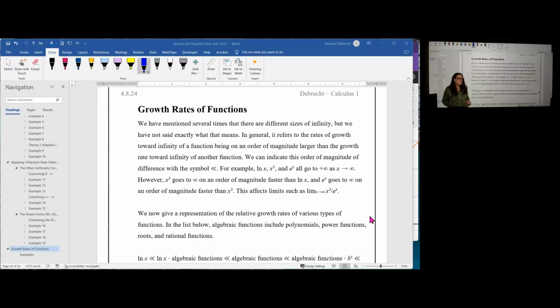And e to the x goes on an order of magnitude faster than x cubed. This is going to affect the value of limits such as x cubed over e to the x. Because e to the x gets to infinity so much faster than x cubed, it drives the limit to 0.